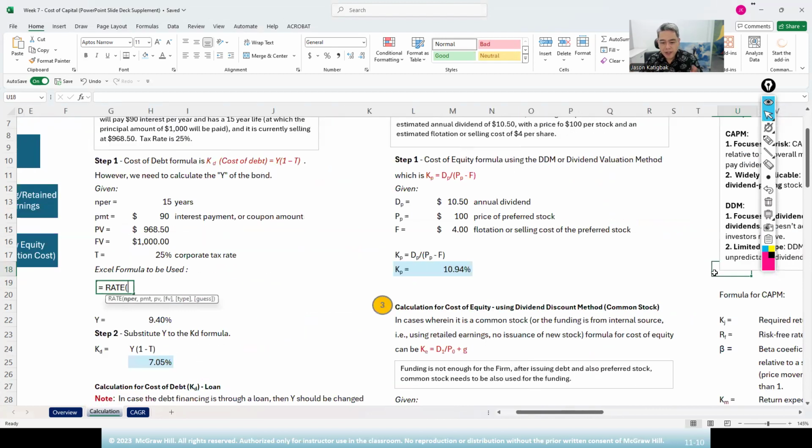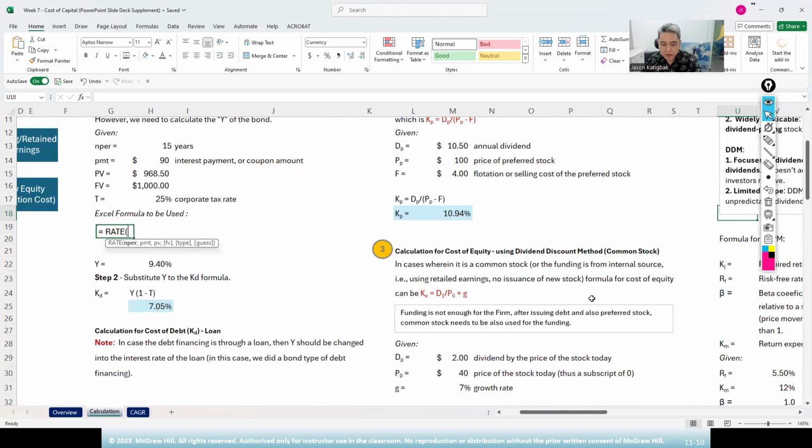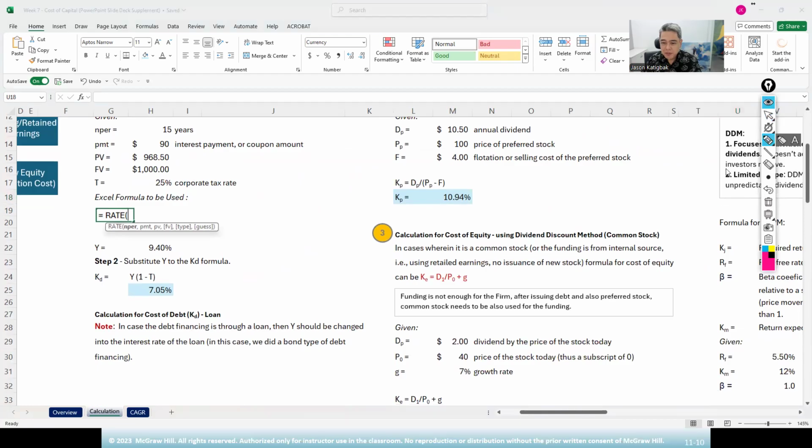Now, the same company said that, you know what, even though I issued debt through the bonds in our example, the cost of debt is 7.05, then it issued preferred stock. The cost of equity on that preferred stock is 10.94. It's not enough. It needs to use its own funds or internal financing, meaning retained earnings.